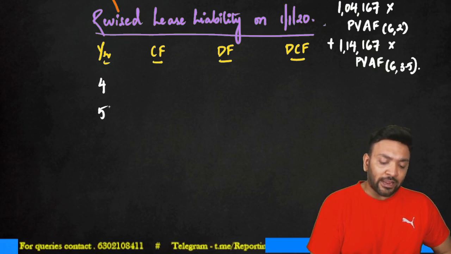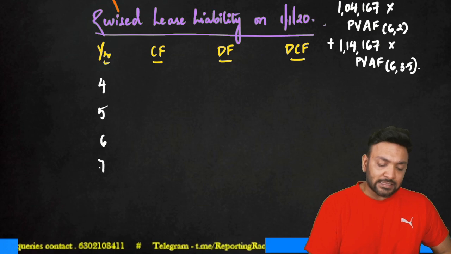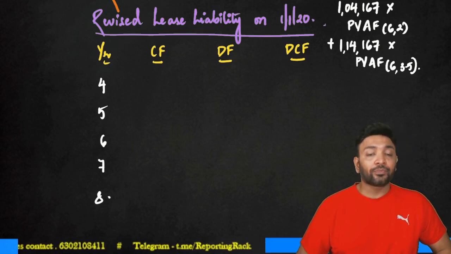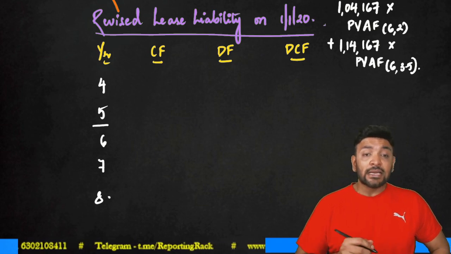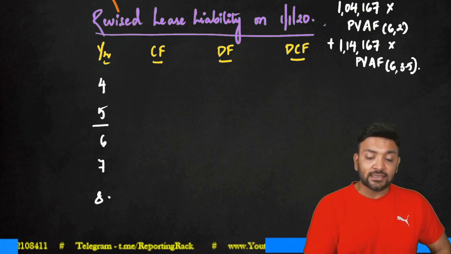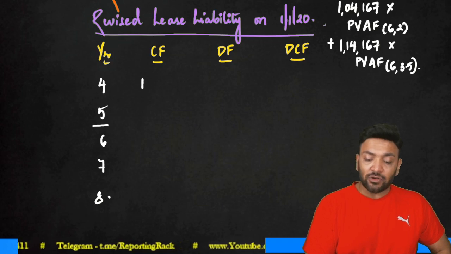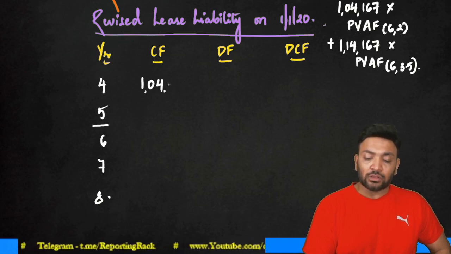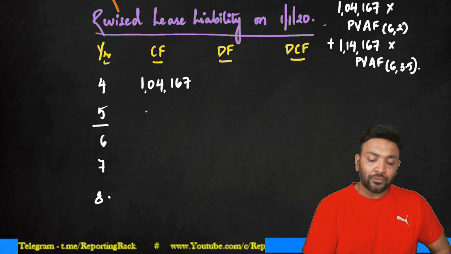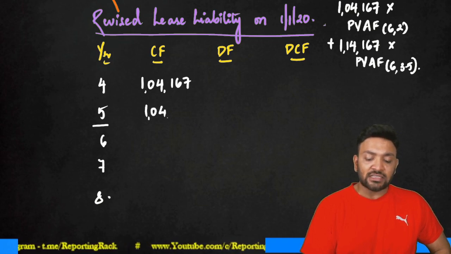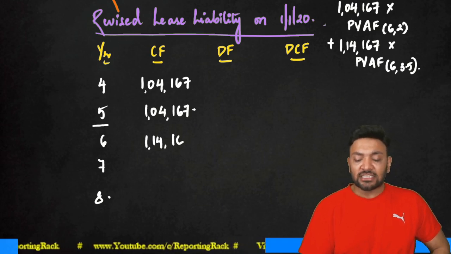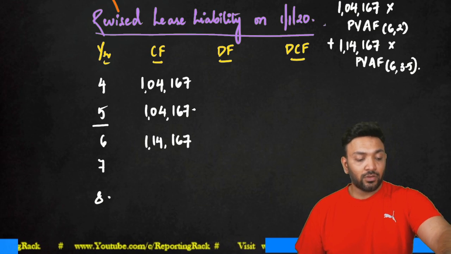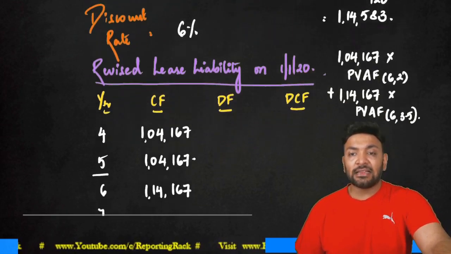Years 4, 5, 6, 7, 8. Up to 4 and 5 years, it was the original lease. Next 3 years is a renewed lease. Amount of lease payments were 1,04,167, 1,04,167. Renewed term, it was 1,14,583.